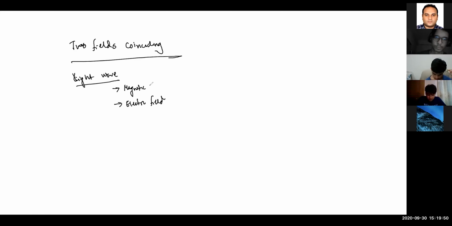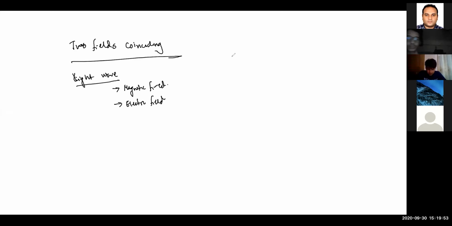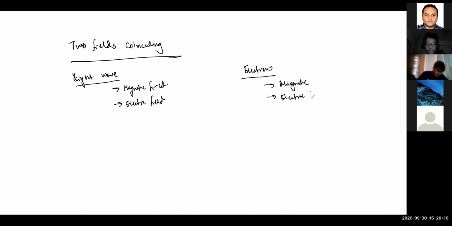In A2, you will study wave particle duality. Have you studied it? No, sir. Electrons can act as particles, or they can also act as waves. Electrons themselves have a magnetic and an electric field. So when these two coincide, there is a net angle in which the light is rotating.